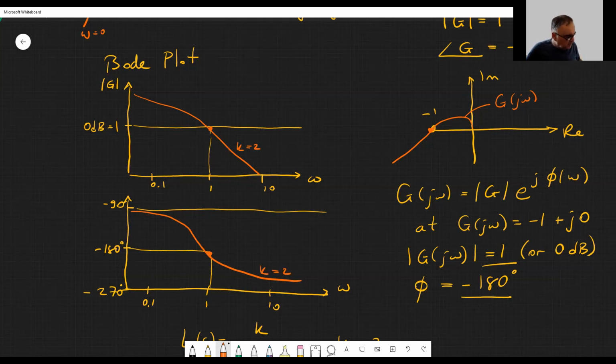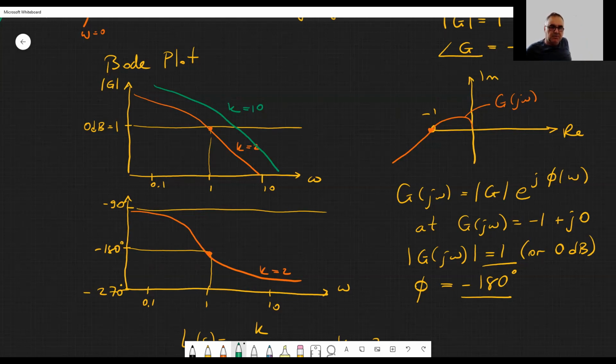Well, if you increase the gain, not a little bit but a lot, let's say that I plot k equal to 10 here. It will be a line that is parallel to this one. This is k equals 10. If I increase the gain, actually nothing will change in the phase plot.